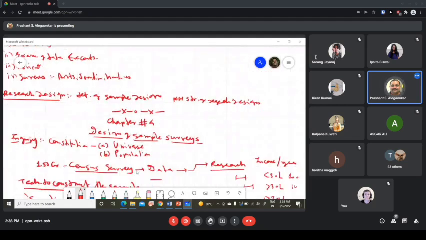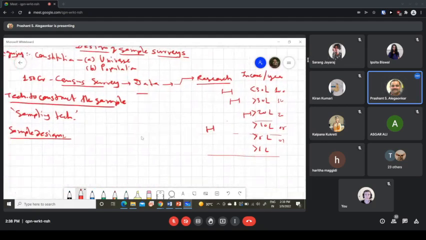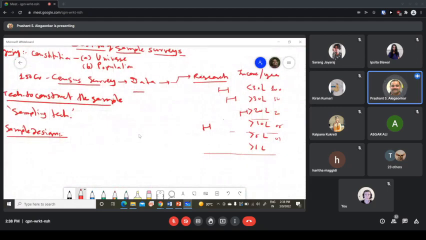So a sample design is a definitive plan for obtaining a sample from a given population. You have a population of data, a huge amount of information, and you sample it in such a fashion that you get adequate, correct and relevant information.